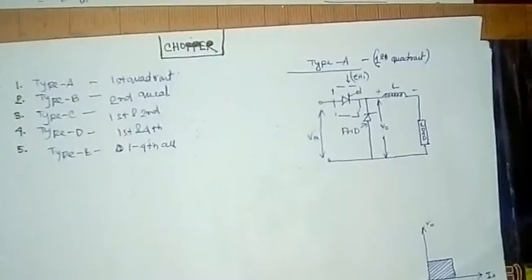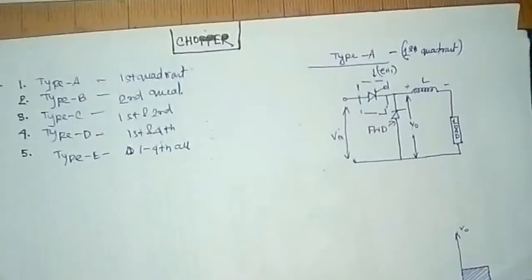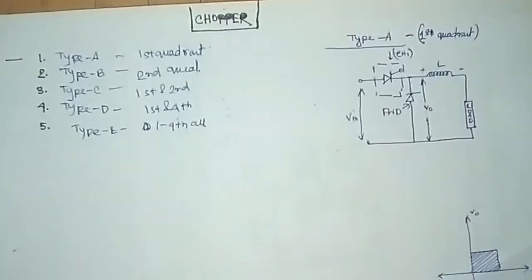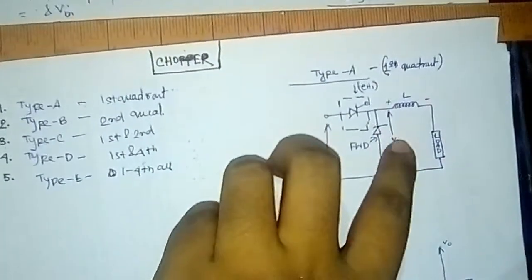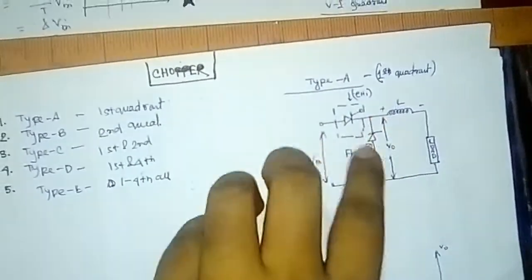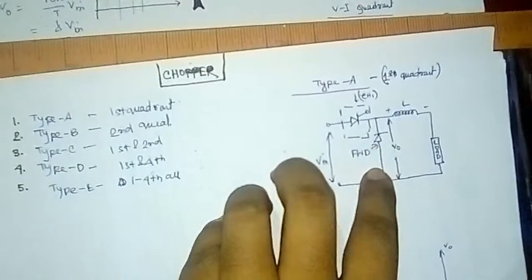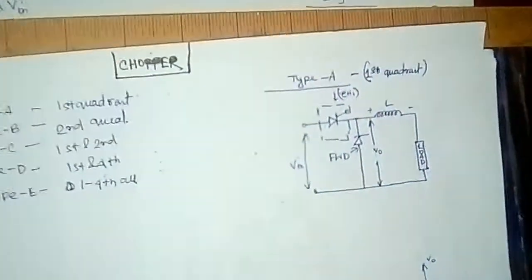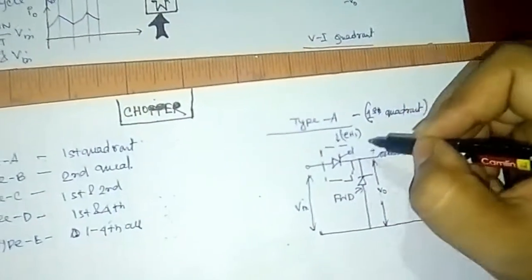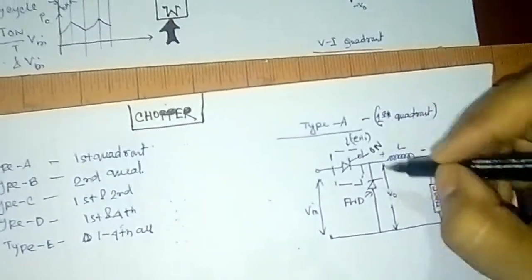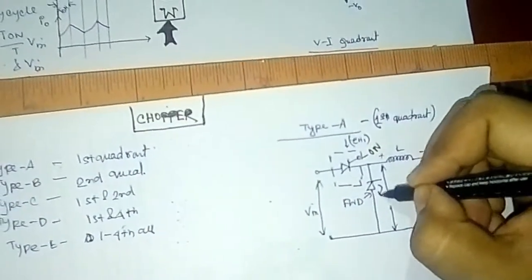Now the first operation, when the thyristor is on. It is called a freewheeling diode because it is continuously forward biased and reverse biased. So at that time, when the thyristor is on, the freewheeling diode is reverse biased.